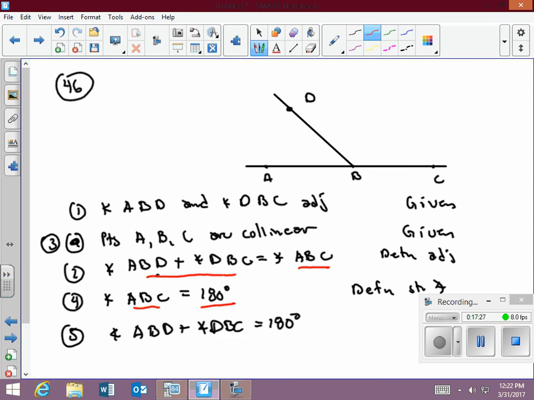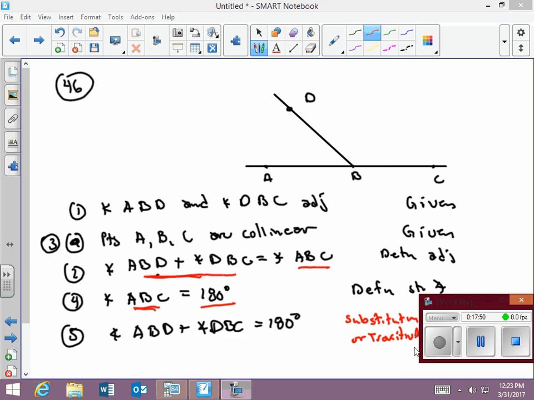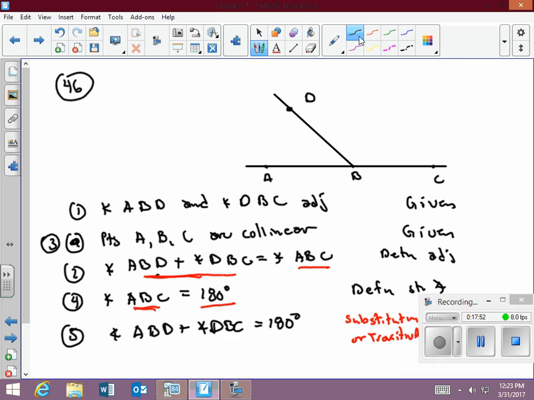You could say either transitivity or substituting this set of angles for this set. And that's 6.